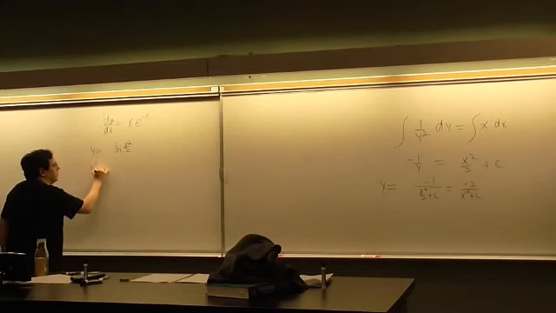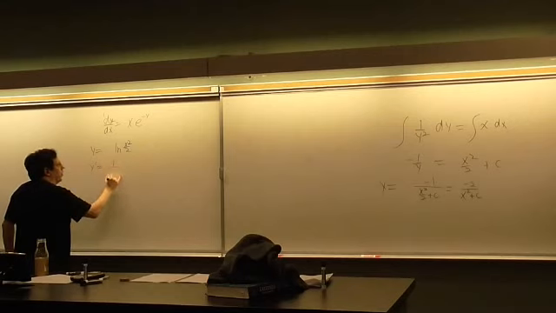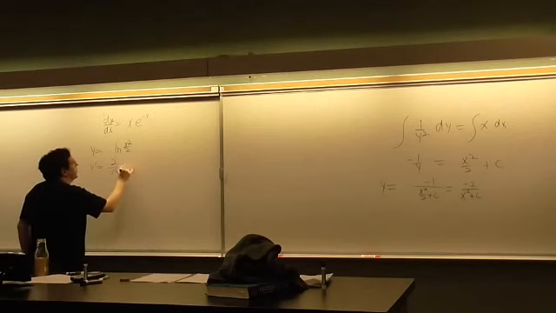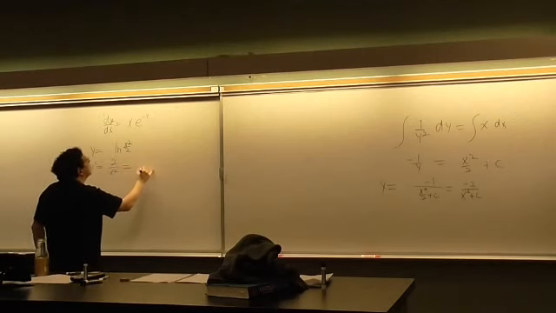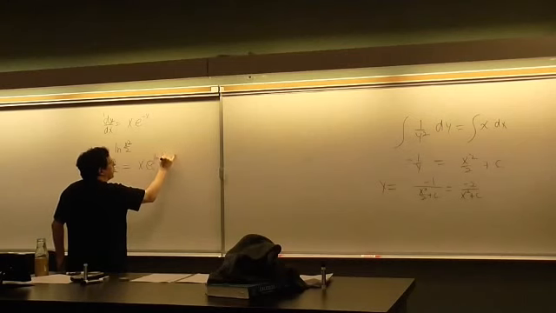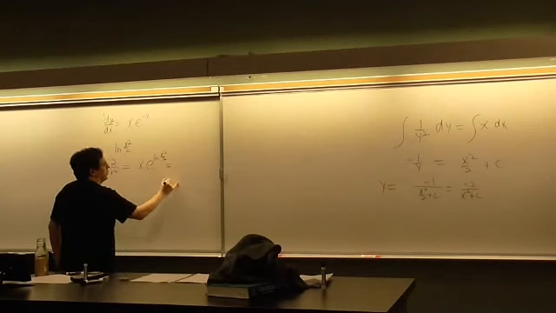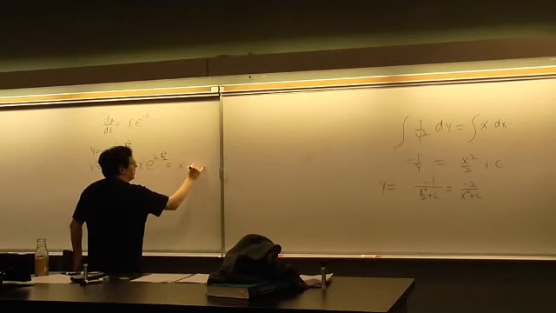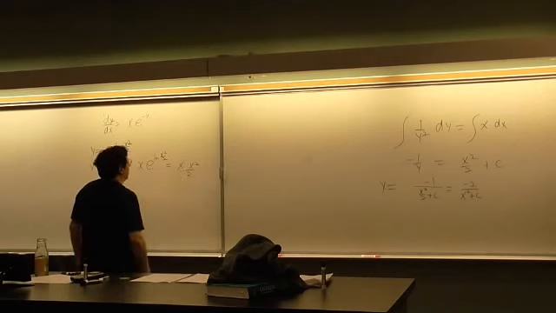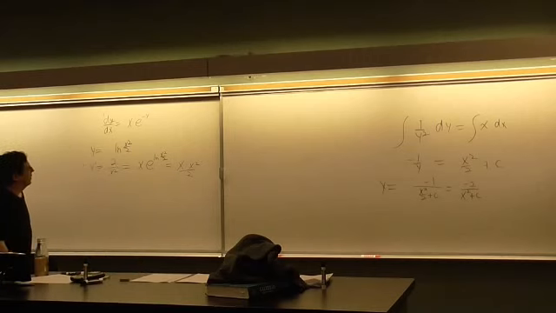So y prime equals 1 over x squared over 2, puts the 2 up here. And that's supposed to equal x times e to the log of x squared over 2, which is x times x squared over... that didn't work, did it? Did I do something wrong?